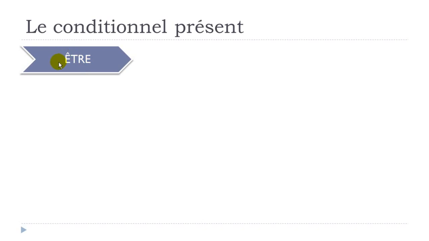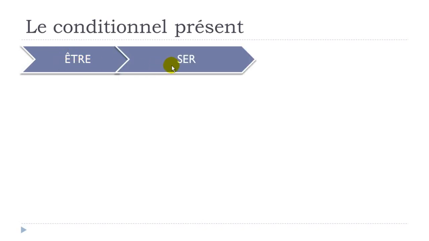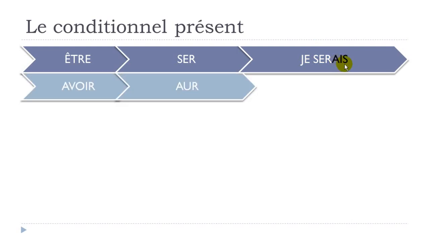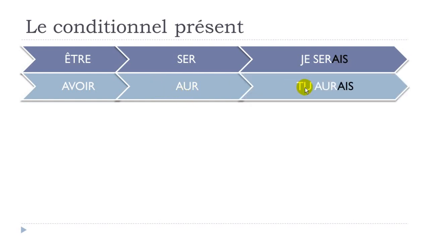So être will become ser. All right? And then after that, you will have to put the endings. Je serais. You will keep this ser all the time for your conjugation, and after that, you will add all the endings that we saw. Avoir will become aur. Same thing here. After that, you will add all the endings. So, tu aurais.